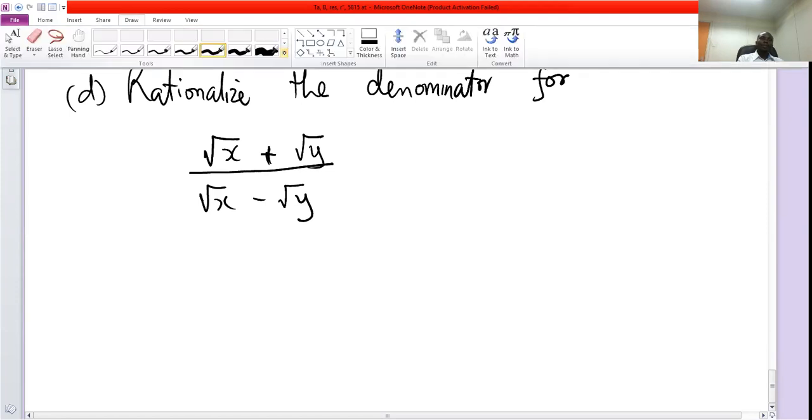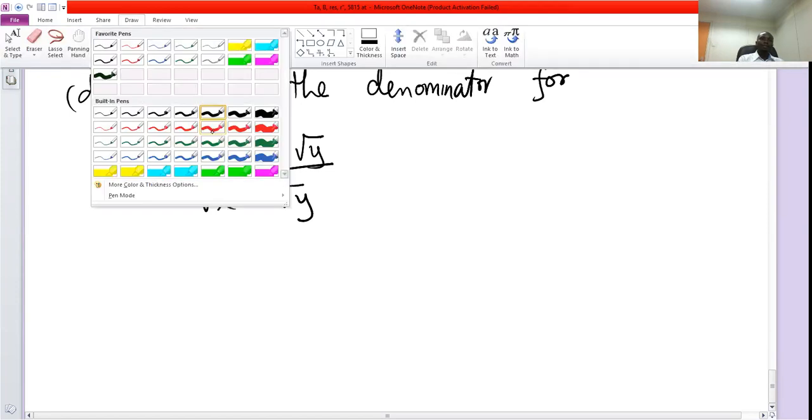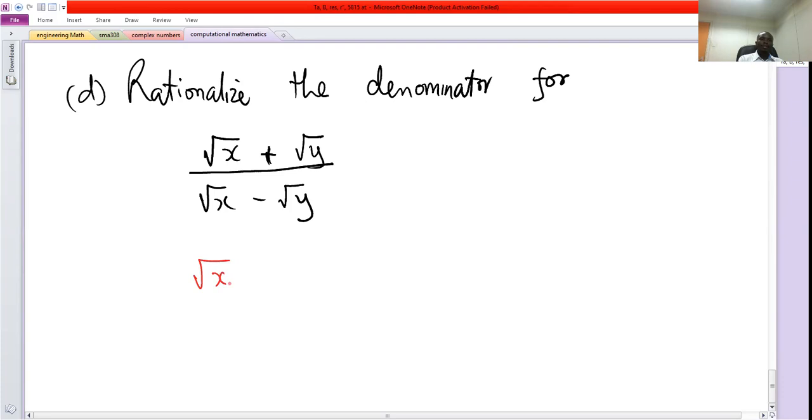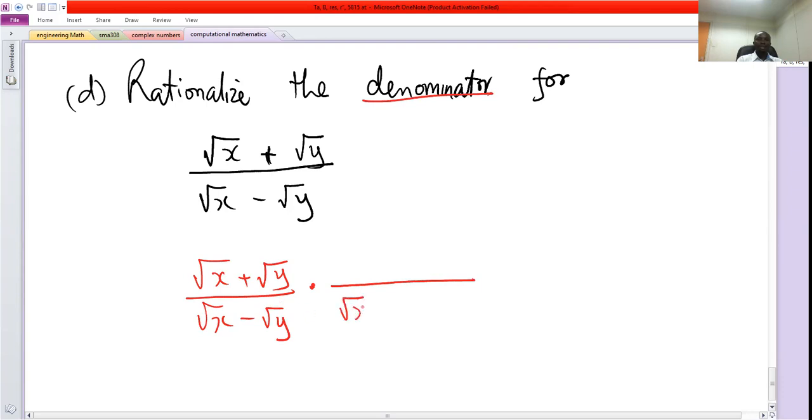So the solution for this, you write root x plus root y over root x minus root y. And then the conjugate, because we are rationalizing the denominator, the conjugate of the denominator, now we change this minus to plus.